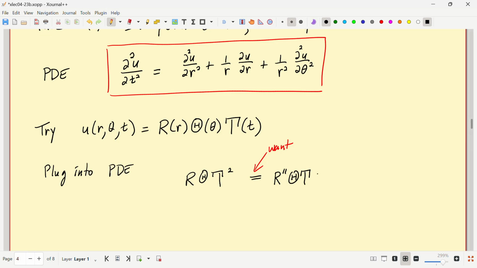Then I'd get 1 over r, R prime Theta T. And the last one would be 1 over r squared. This time, the theta derivatives would pile onto the Theta function. Should it be T double prime instead of T squared? Definitely. Thank you.